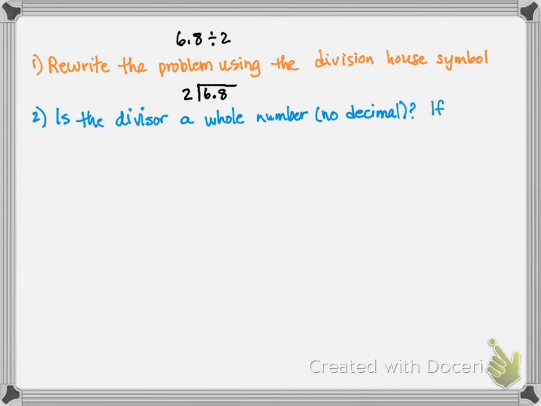And if we say yes, which is going to be the case on this whole video and the practice we do tomorrow, we're going to bring the decimal from the dividend straight up into the quotient.